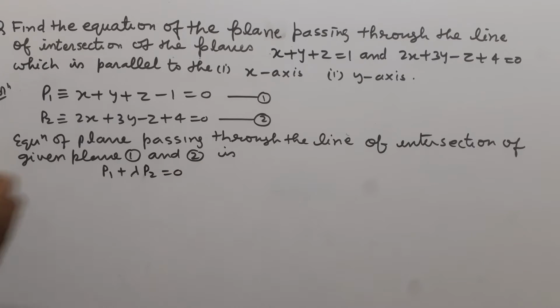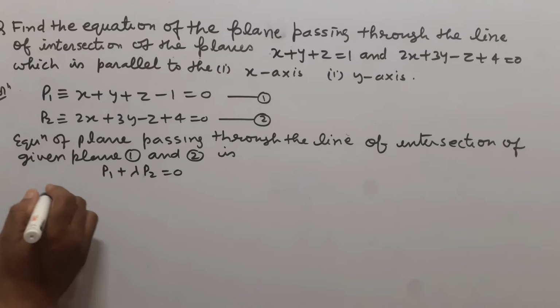This is the equation of the plane which is passing through the line of intersection of the two given planes P1 and P2. Now we put here the values of P1 and P2.